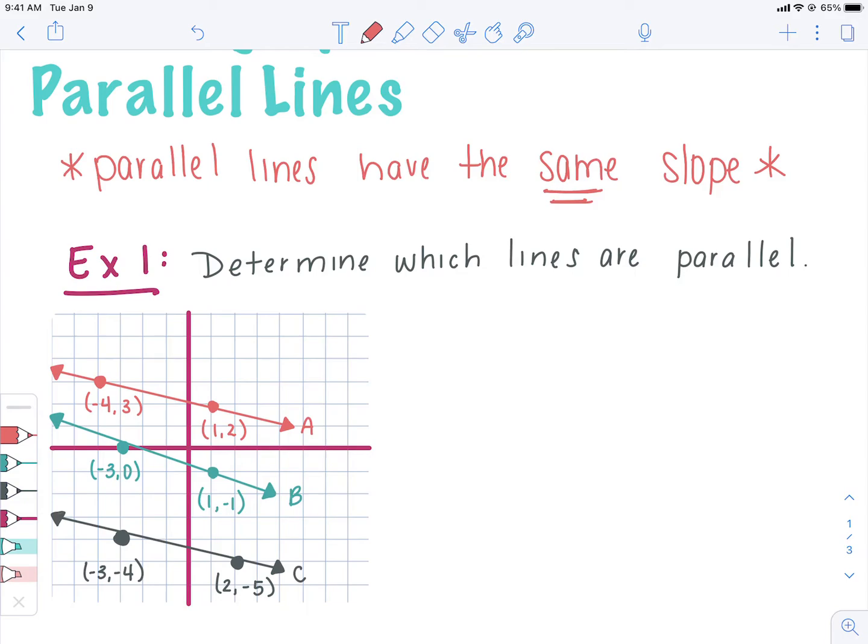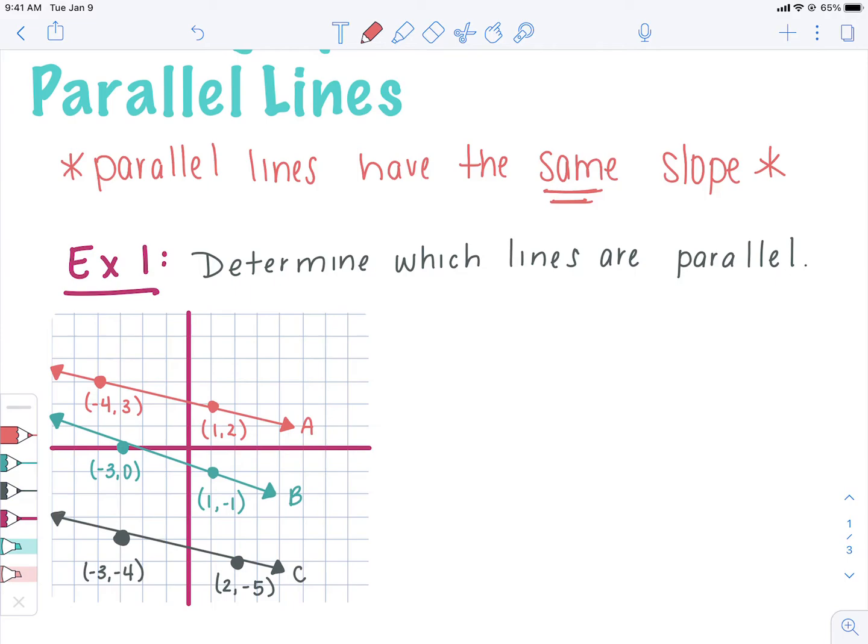Our first line, line A, goes through the points -4, 3, and 1, 2. Then we've got a line that goes through -3, 0, 1, -1. And then line C goes through -3, 4, and 2, and -5.